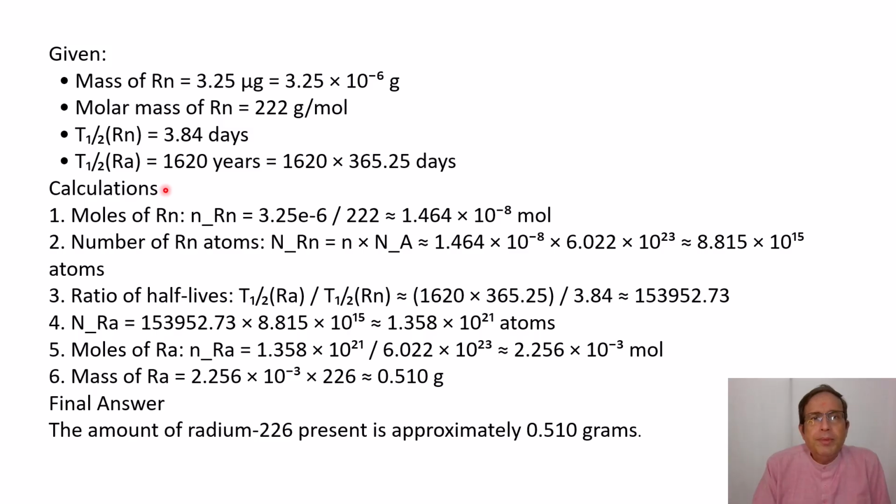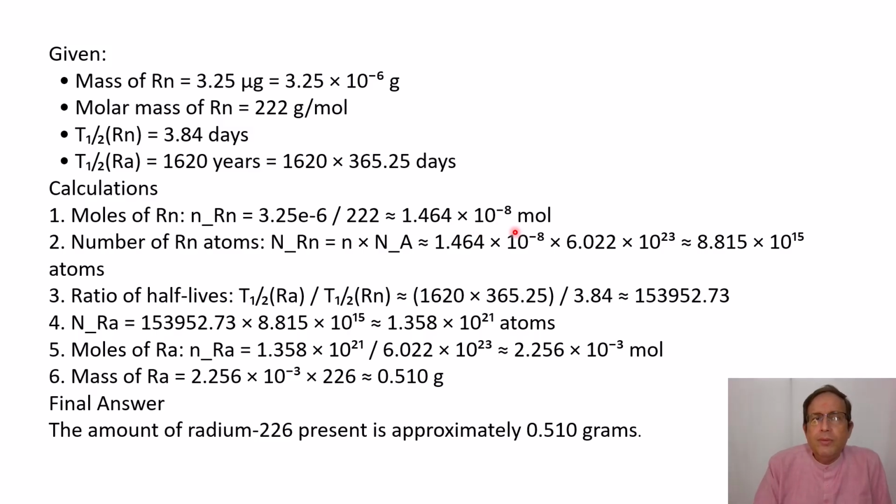From there you can calculate the moles of radon, which is the mass of radon divided by the molar mass. So the moles is 1.464 times 10 to the minus 8 moles.